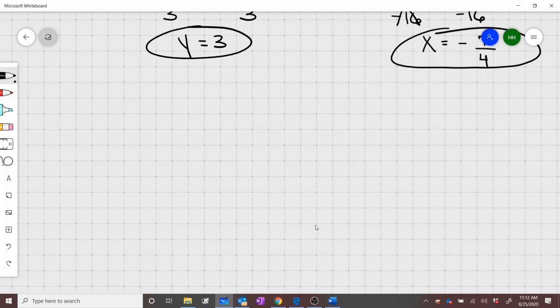Let's try another one of those. Let's do 18 equals 3 times 2x minus 6.